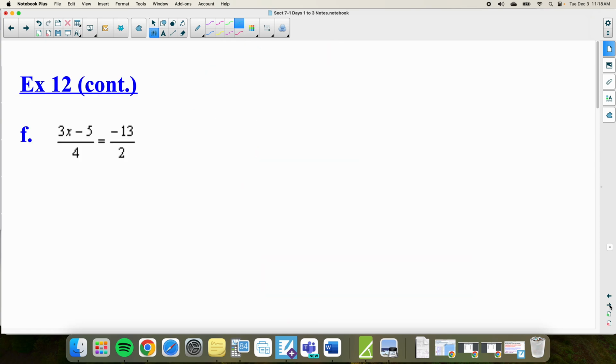Okay? Now if we look at this one, we're going to multiply this, and that would be 2 times 3x minus 5 equals 4 times a negative 13. And that would be negative 52. Okay?